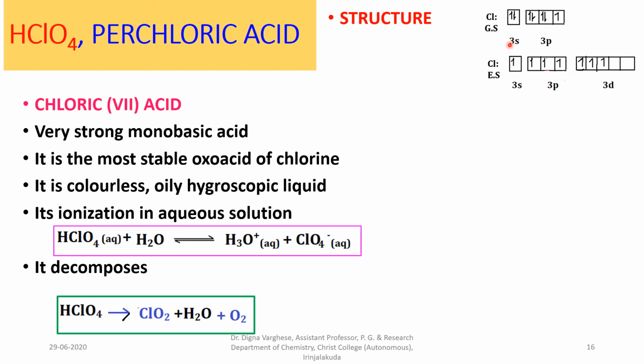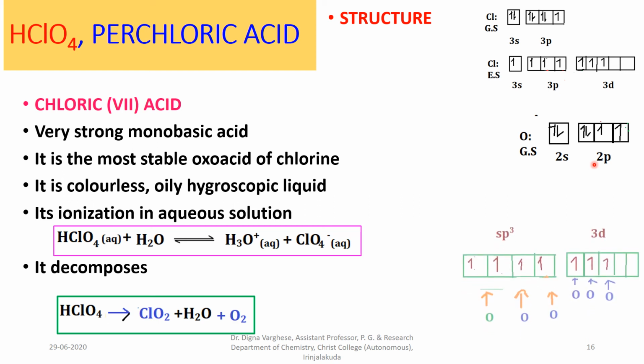In perchloric acid, chlorine is the central atom and has a ground state configuration 3s2 3p5, and the excited outer electron configuration 3s1 3p3 3d3, and it overlaps with 3 different oxygen atoms, forming 3 sigma bonds and 3 pi bonds.